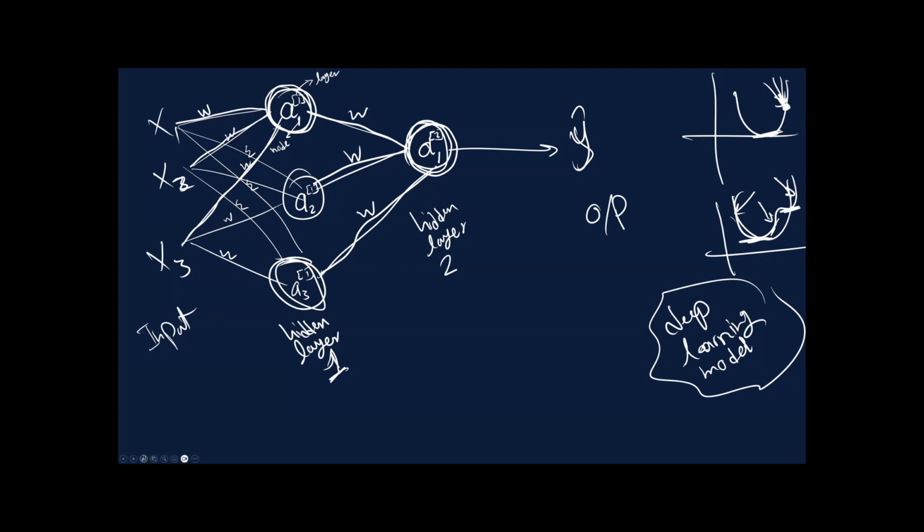Okay, so each one of those is, of course, a vector. So W transpose will be a vector. So this is the vector of W transpose for this node.